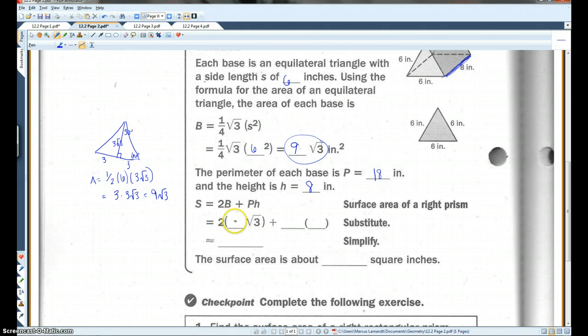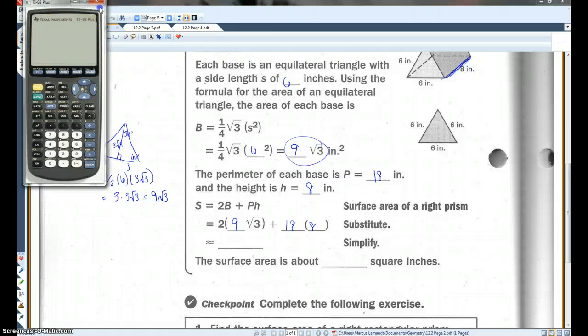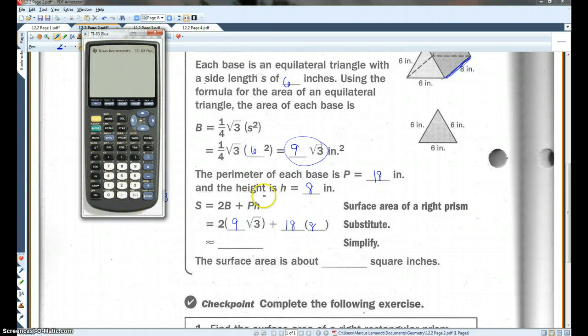Okay, so 2 times b plus the perimeter times the height. Let me pull out my calculator here. Alright, here's my calculator. 2 times 9 is 18, 18 root 3, plus 18 times 8.